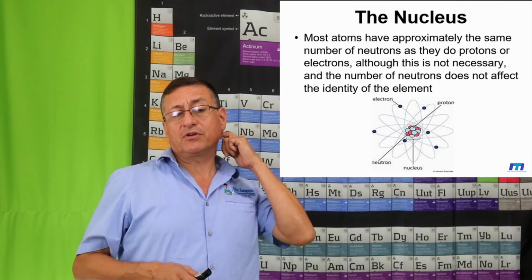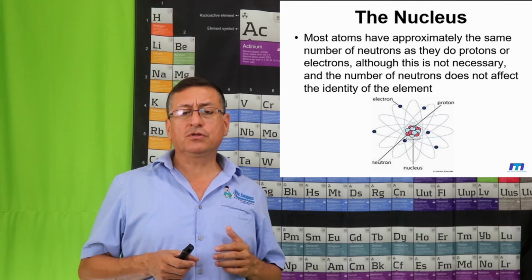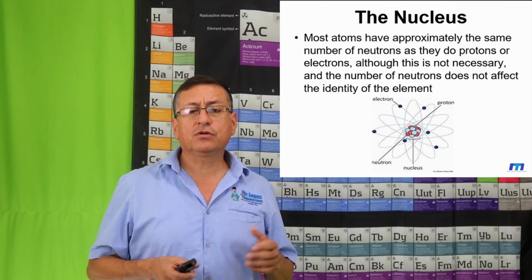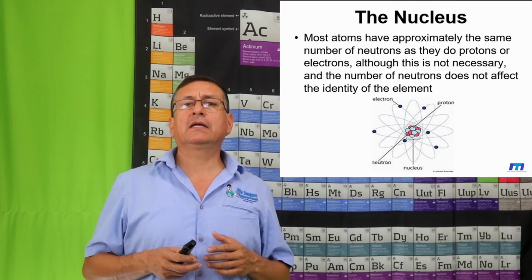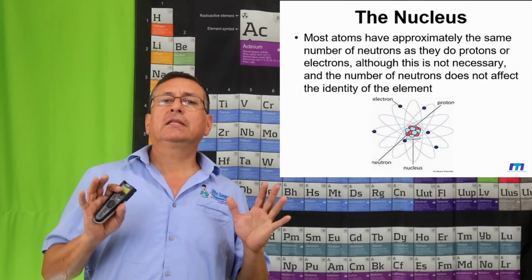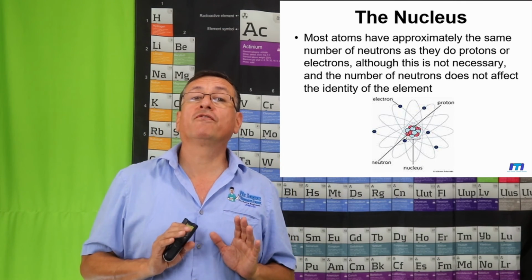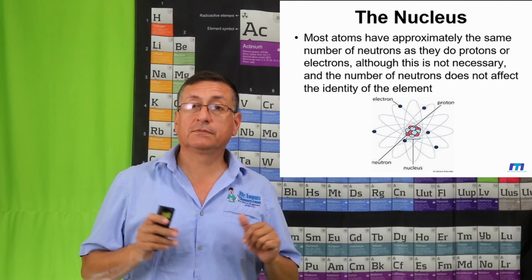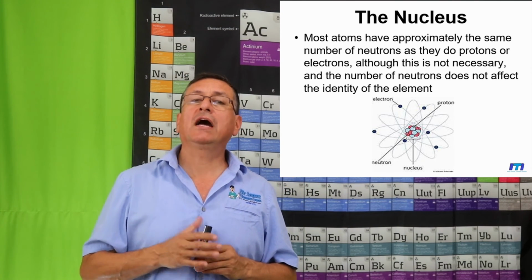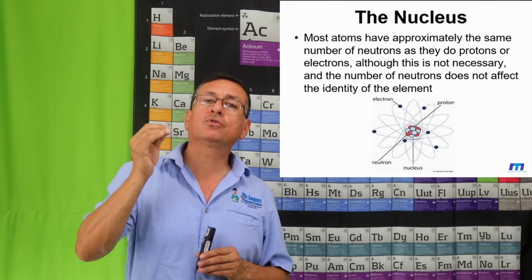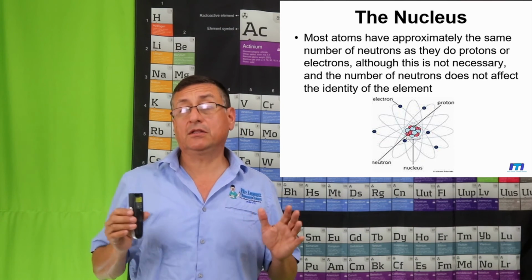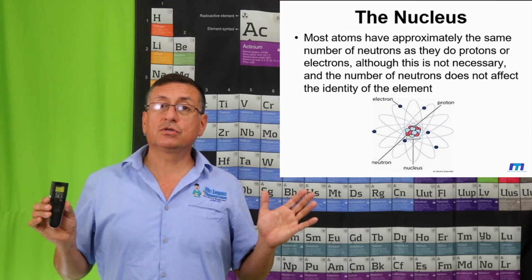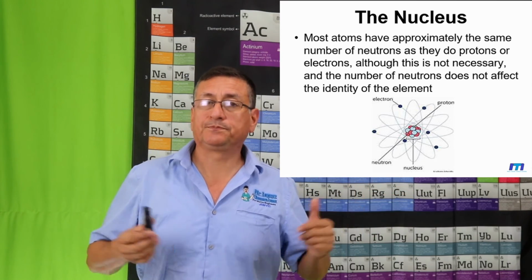Most atoms have approximately the same number of neutrons, protons and electrons, but it's not exactly the same amount of neutrons. Some elements have a little more neutrons in the nucleus. Remember that the neutron's charge is neutral.